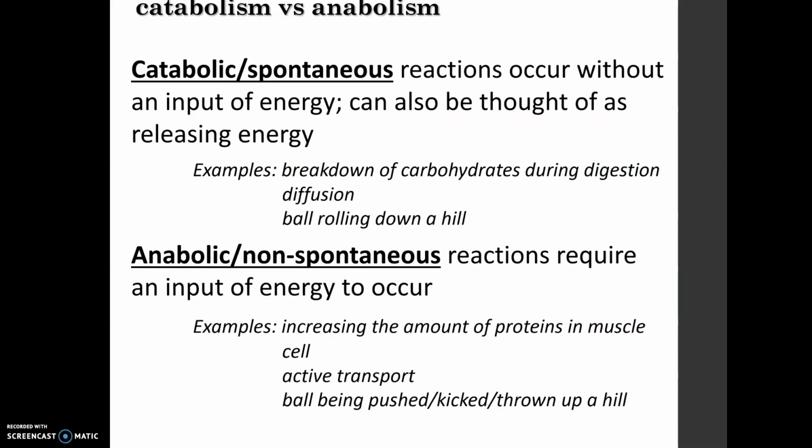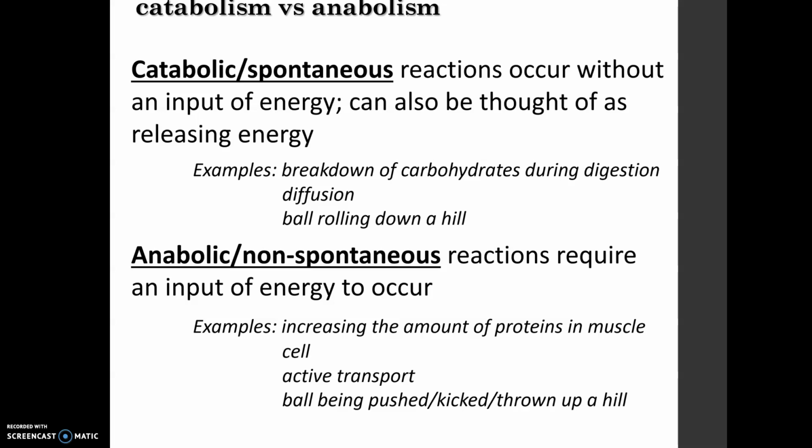All right, so we can have a couple of different types of reactions. Some occur without an input of energy. This is what we call catabolic or spontaneous reactions. Catabolic are also reactions where you're going to break something down. And so I always think about cats. And of course, cats like to push things off of a table and break them.